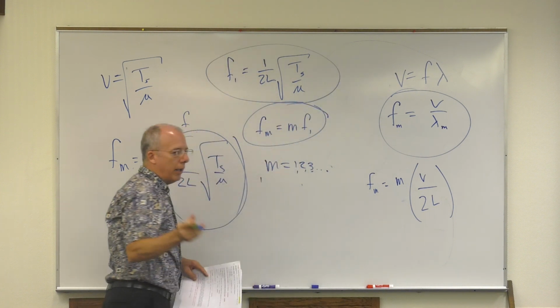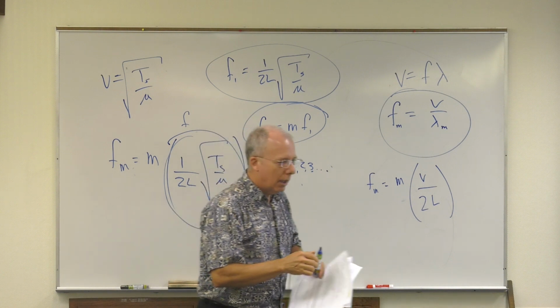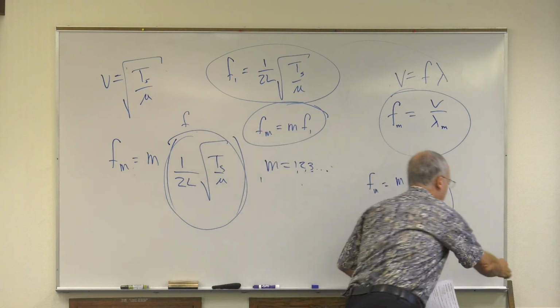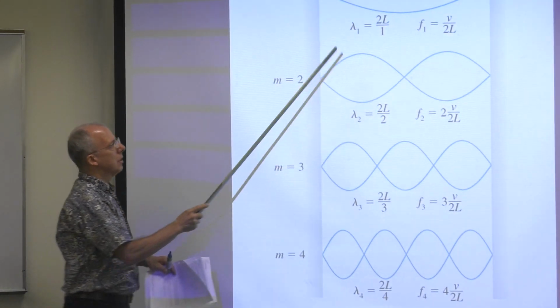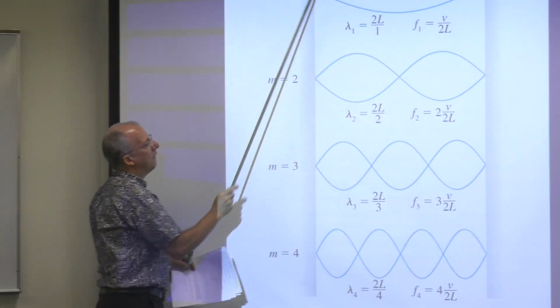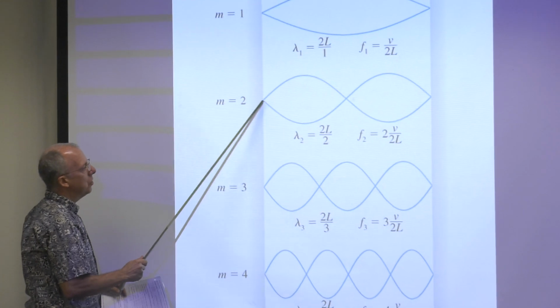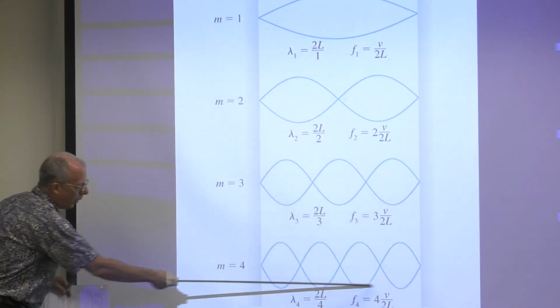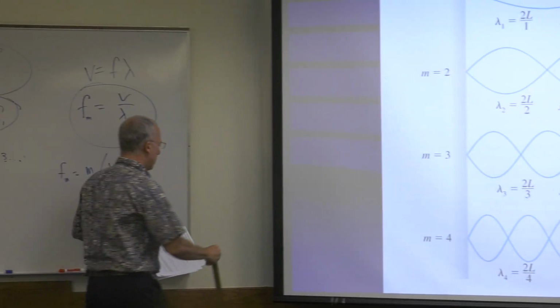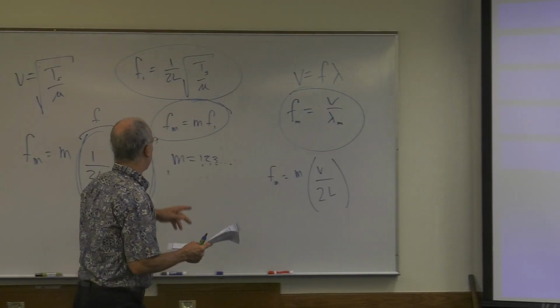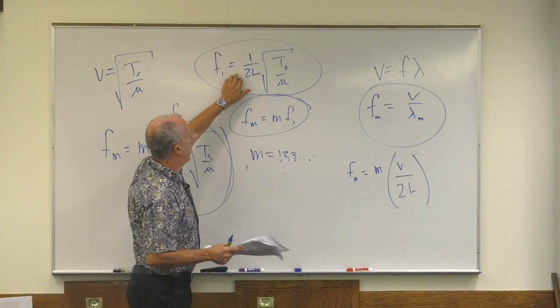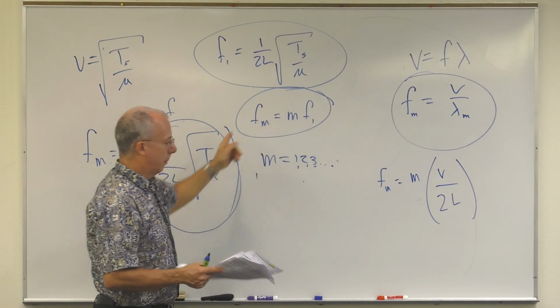That's what the narrator on that video pointed out. Once you find the fundamental frequency, it's easy to find the others. Let's say this is 10 hertz. Well, this is going to be 20 hertz, 30 hertz, 40 hertz, and so forth. So whenever you're doing this kind of demonstration with standing waves, the first thing you want to find is the fundamental. Once you find the fundamental, the others are a piece of cake.